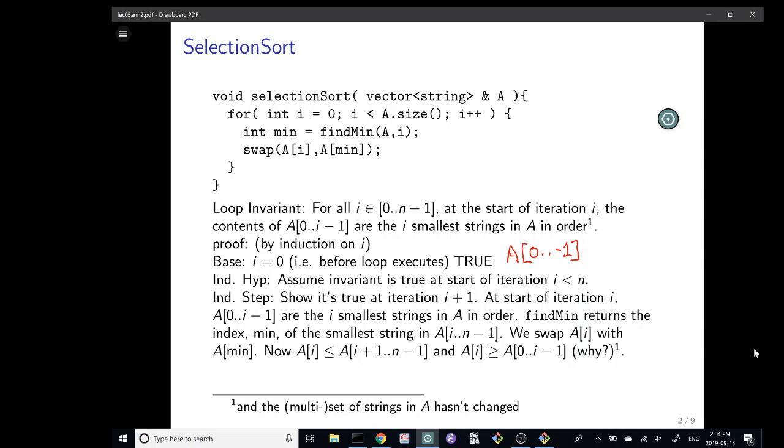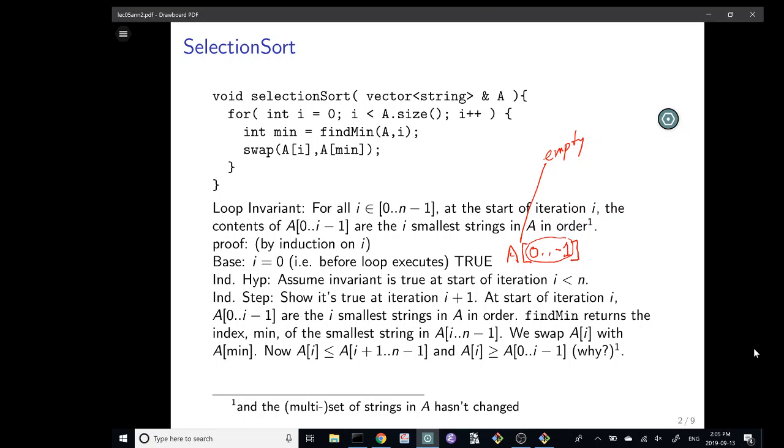So I'm just pointing this out as being somewhat interesting, that we have a range 0 to minus 1, which in this case means empty. If it was 0 to 0, then it would be one element, the 0th element. If it's 0 to minus 1, or minus 2, or minus 5, it's empty. There's nothing in there. And so the question is, is the base case really true?